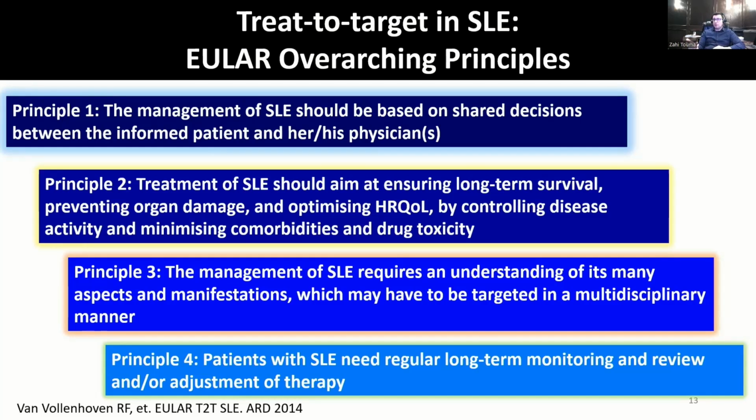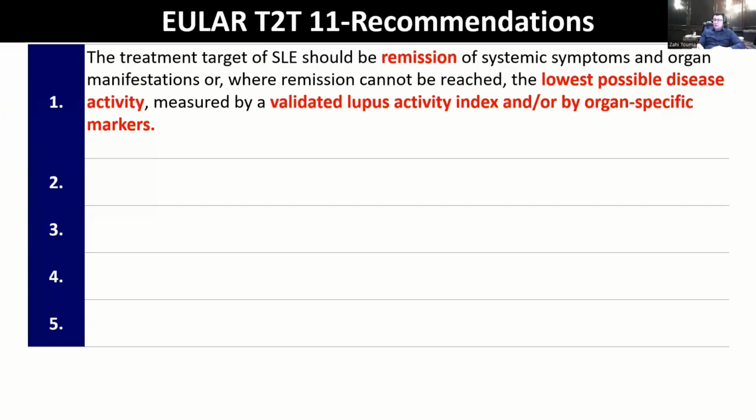And really, if you think about this, you're already doing this in your clinical trial, but we're just consolidating this in principle here at this level. So again, this paper in 2014 not only proposed four principles, but also provided a list of 11 recommendations. And I'm gonna go over it here relatively quickly.